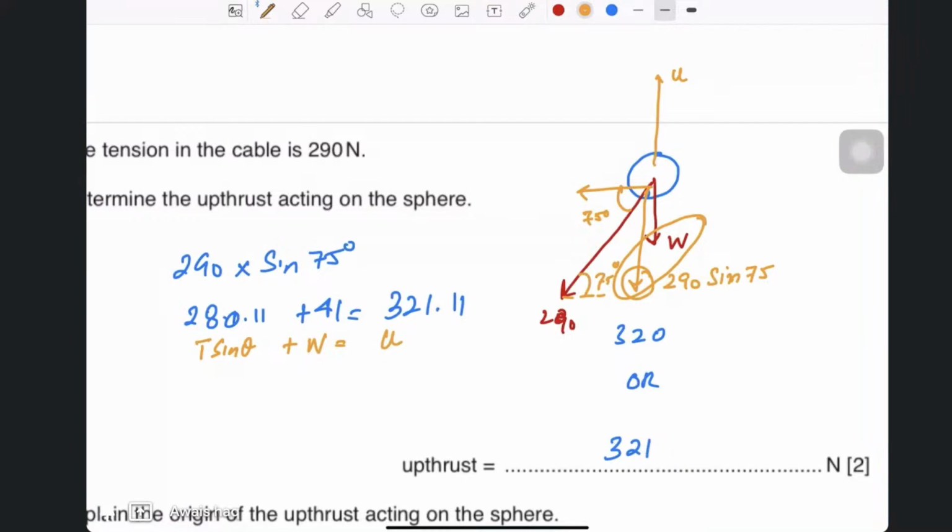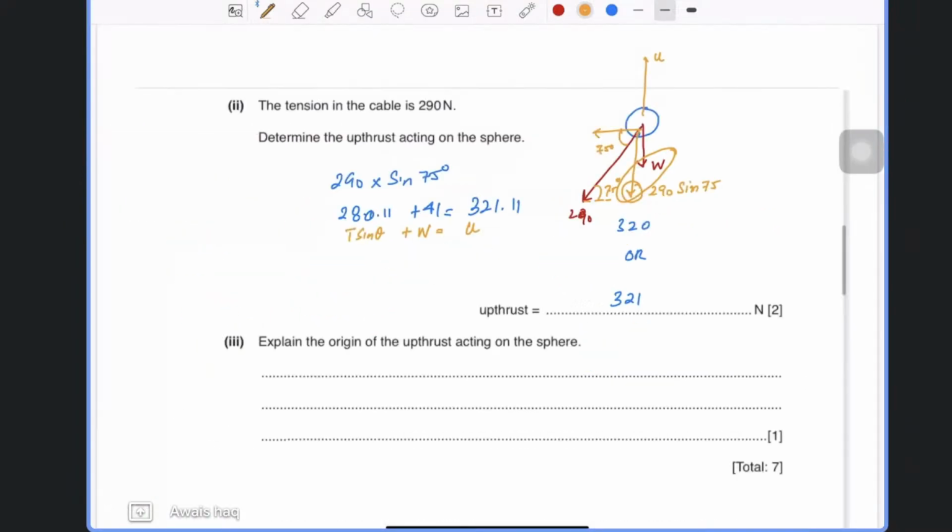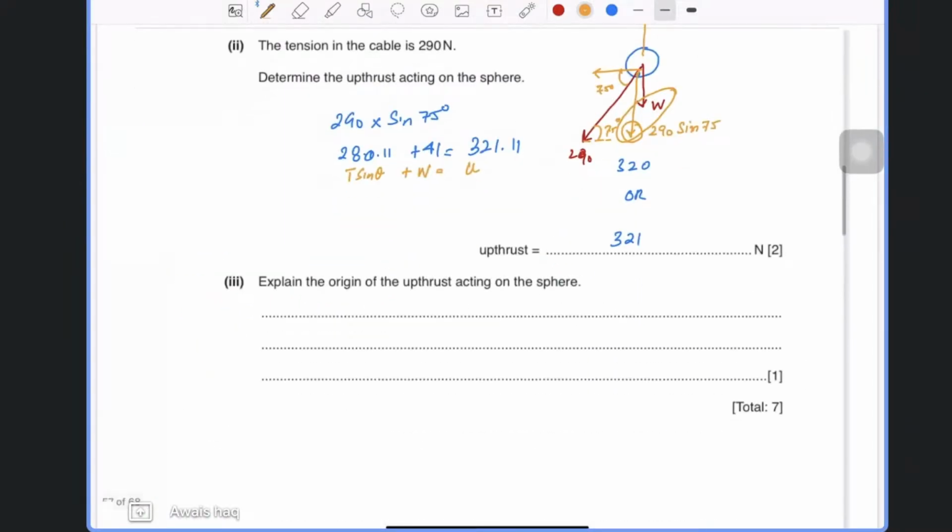Yes, sir. Then it says explain the origin of upthrust acting on the sphere.